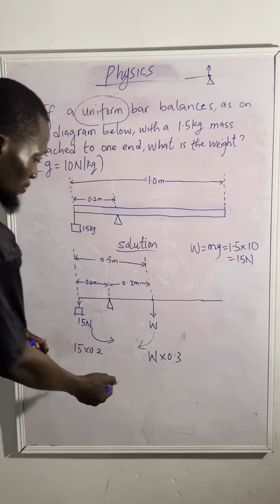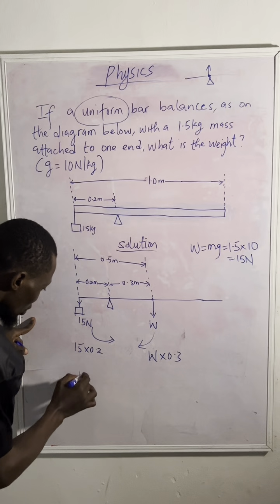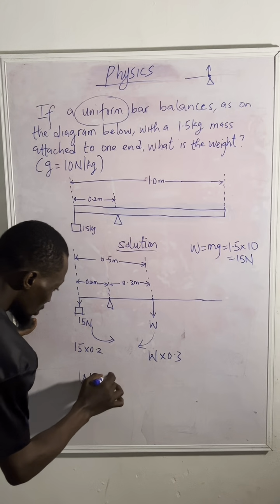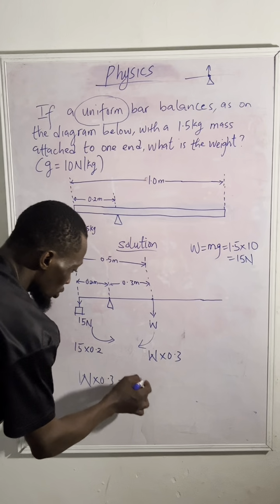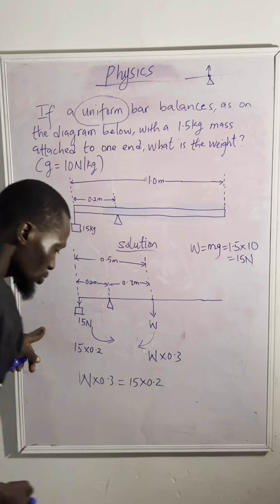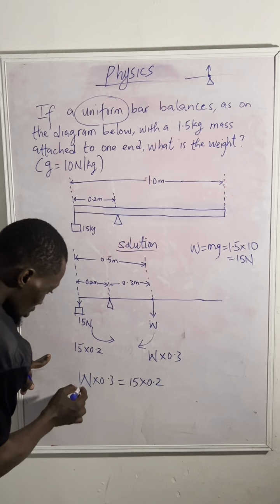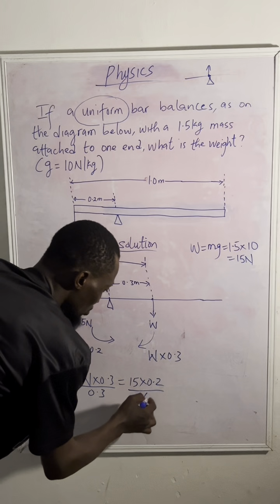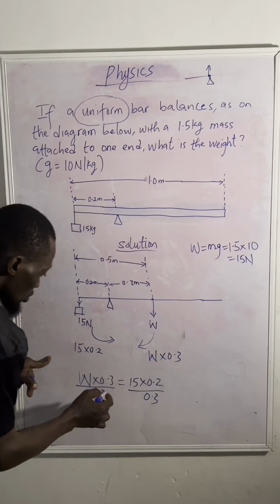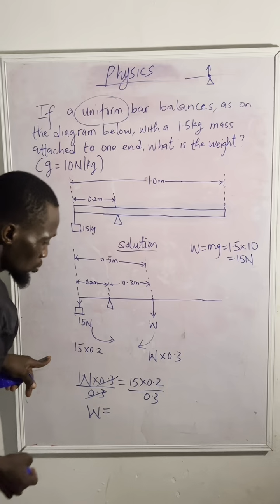So I can say that clockwise moment, which is W times 0.3, is equal to anticlockwise moment, which is 15 multiplied by 0.2. So here I'm going to divide both sides by 0.3. So we cancel this, and the weight is going to give us what?